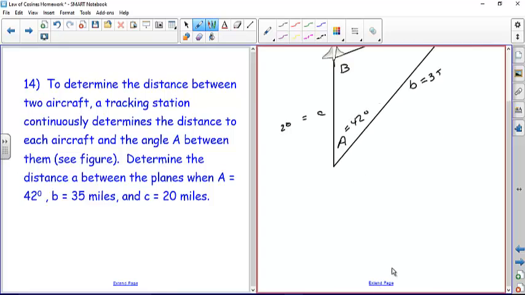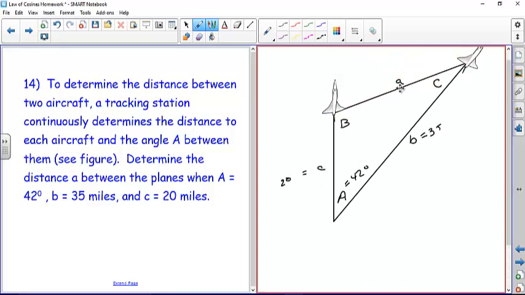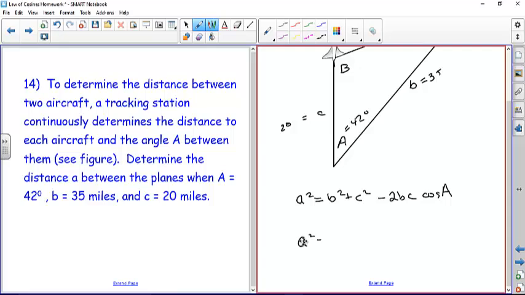So it's just like the previous problem. What we want to do is figure out what size side A is. So A squared is equal to B squared plus C squared minus 2BC times the cosine of A. So we just plug those in. This triangle is pretty self-explanatory. It's not a lot of excess, so we don't need to recopy it, I don't think. So we get 35 squared plus 20 squared minus 2 times 35 times 20 times the cosine of 42 degrees.